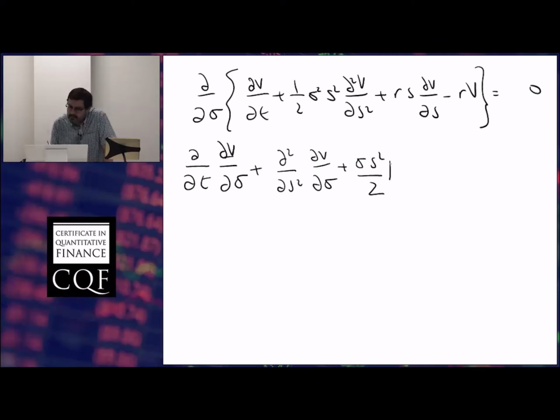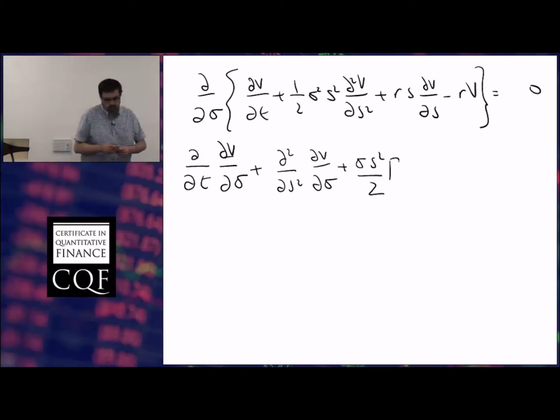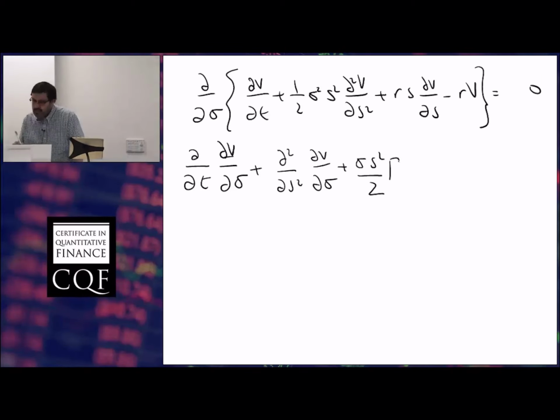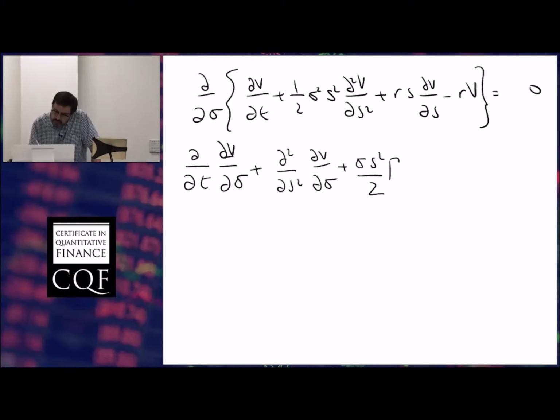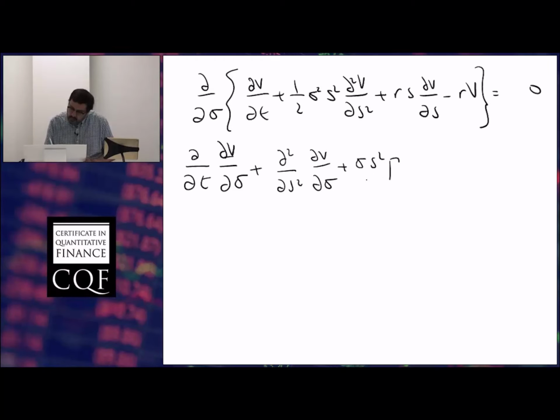Right? So in other words, this is over 2. No, sorry, the 2's already cancelled out. Thank you. Yes, the 2's already cancelled out. There we go. So sigma S squared gamma plus, we've got rS times d by dS of dV by d sigma minus r dV by d sigma equals 0.